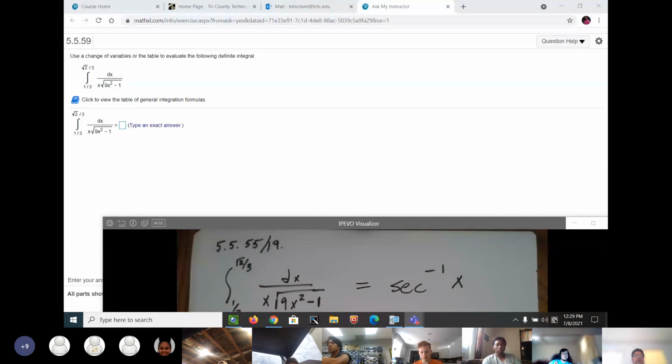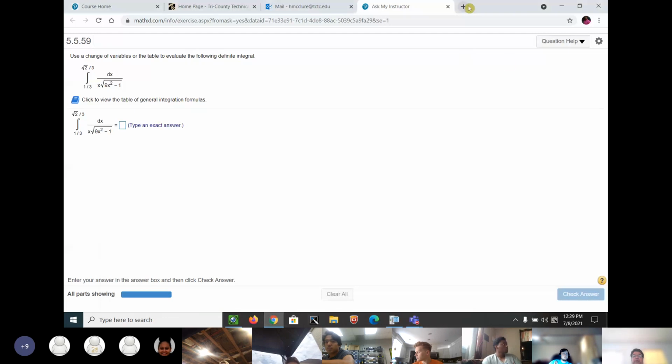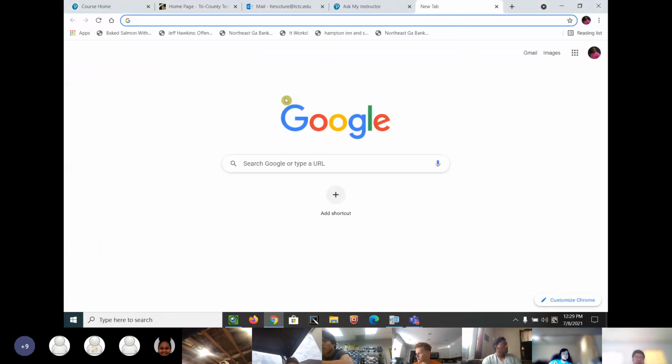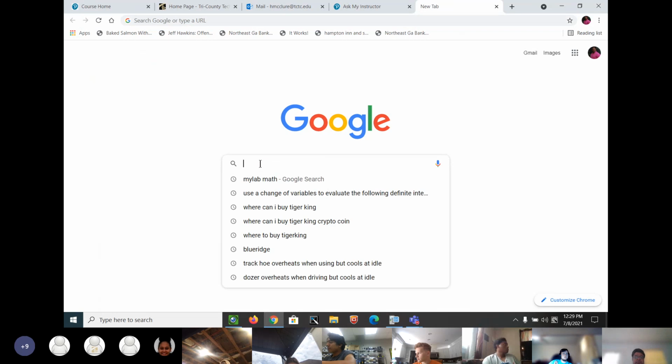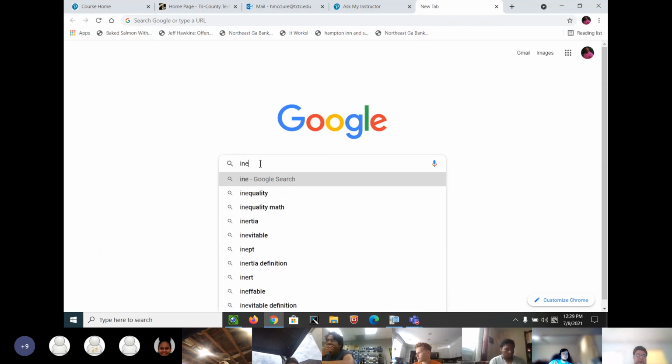Now you can pull up integration. Let me do that for you right quick. If you want a handout with integration, all you got to do is just look it up. Integration of inverse trig.